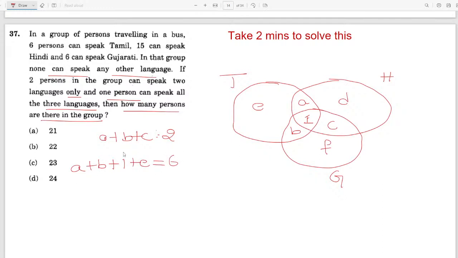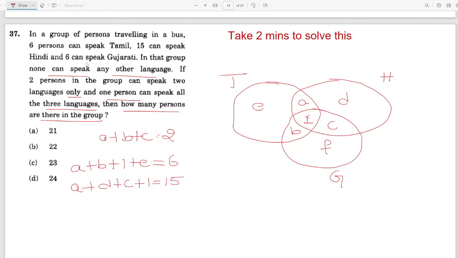This is one equation. Then they are saying 15 can speak Hindi. That is A plus D plus 1 plus C. So A plus D plus C plus 1 is equal to 15.